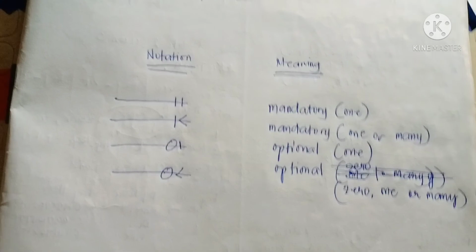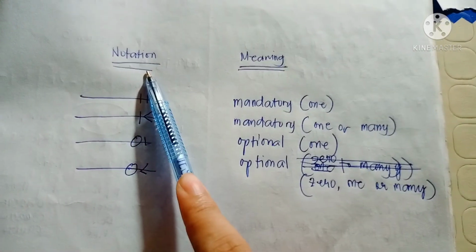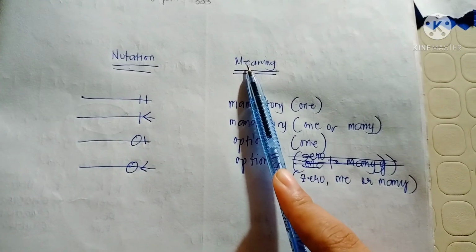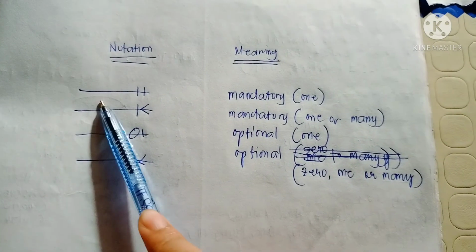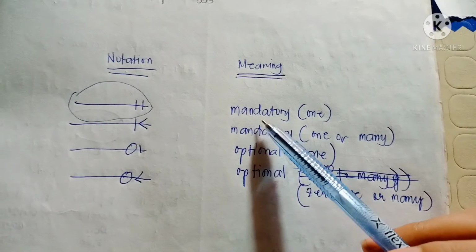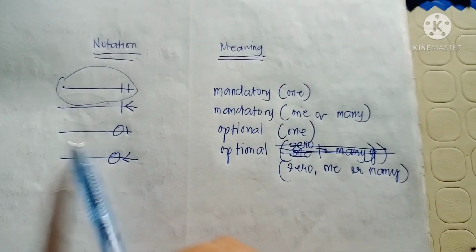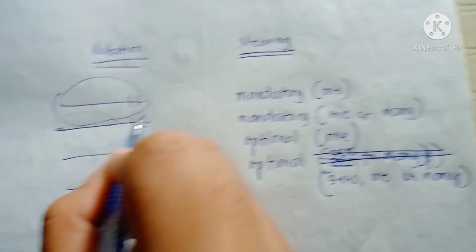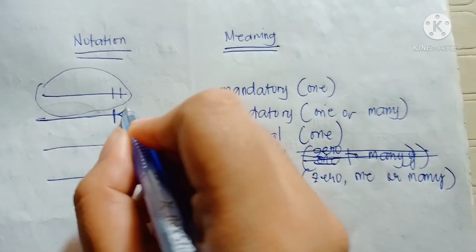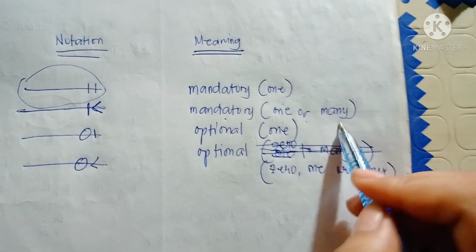Here are the cardinalities. I will show you the notation and its meaning. The first one is this, and its meaning is mandatory one. The second is like this, mandatory one or many.